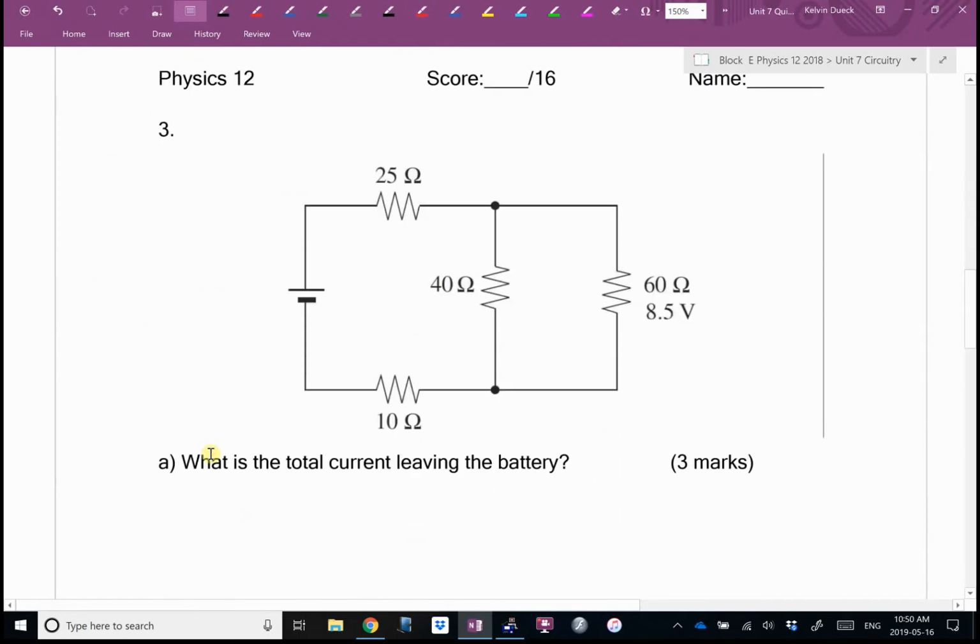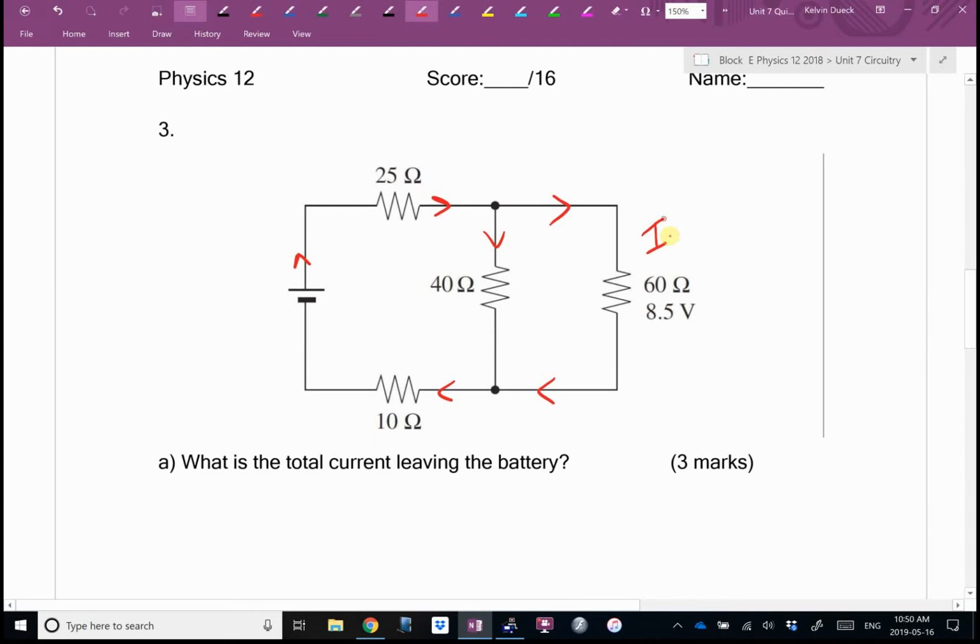Number 3, total current leaving the battery. I'm definitely starting right there. I see 2 things. Actually, first, I'm going to label downhill. Okay, I can tell you the current right there.